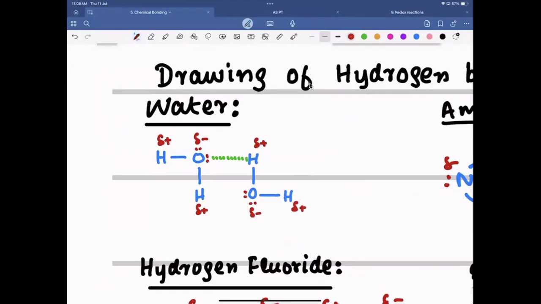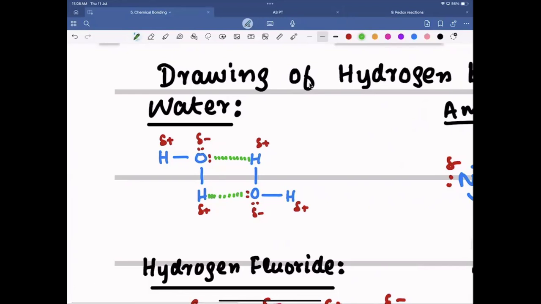So this green line represents which intermolecular force? Hydrogen bonding. In the same way, the green line from the lone pair of the second molecule to the hydrogen of the first molecule, which is bonded to oxygen, is also a hydrogen bond. Is this clear?